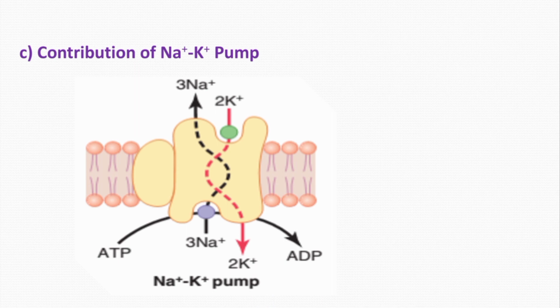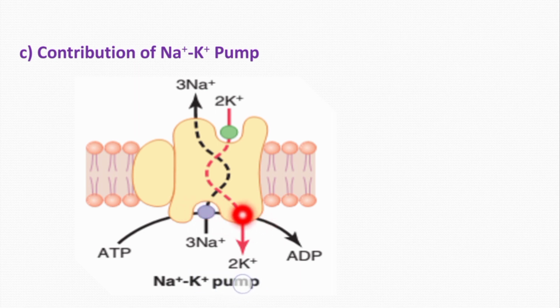And if you look closely, you will find that for each activity it is moving 3 sodium ions from inside to outside, and it is moving 2 positive ions from outside to inside. So in this way, for each activity there is loss of 1 positive charge from the inside.